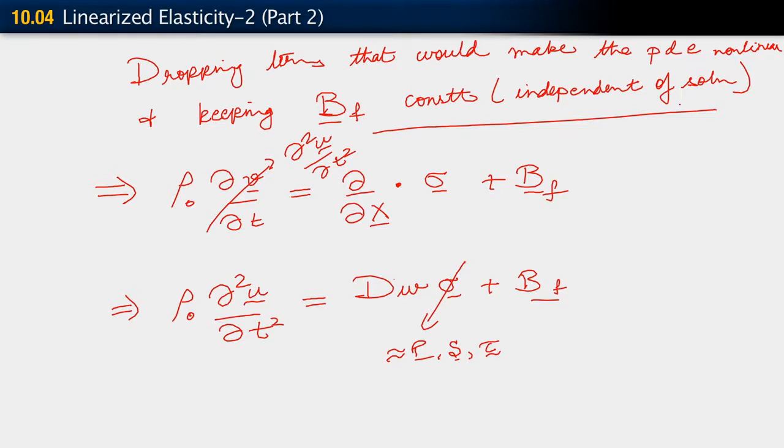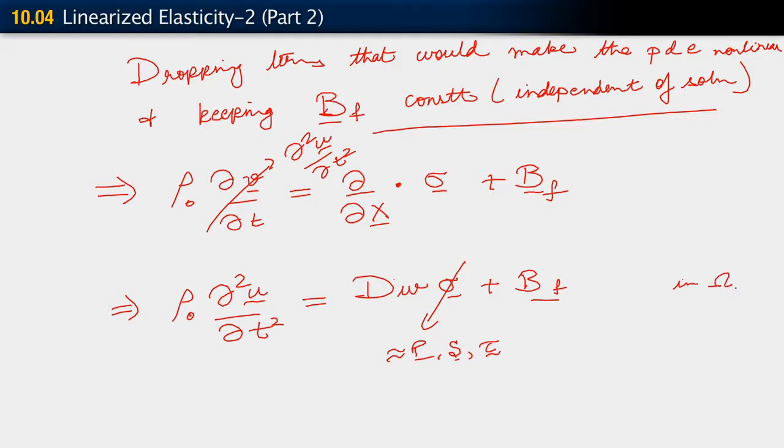And now, of course, because all these quantities, especially if you look at the stress as being approximately equal to P or S, what you see is that it really doesn't matter, though we started out with the PDE defined in omega t.